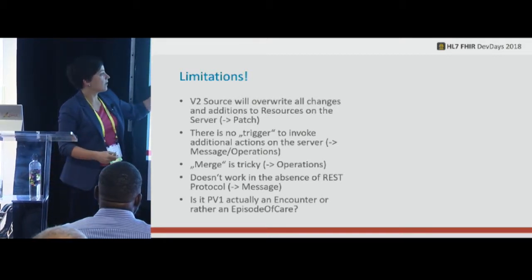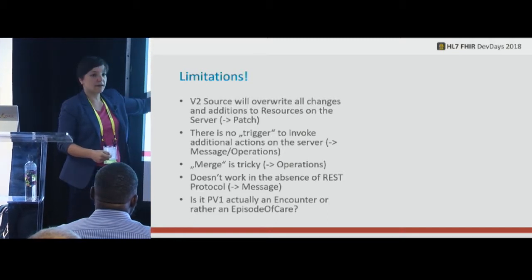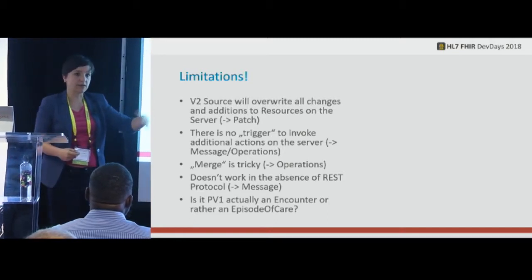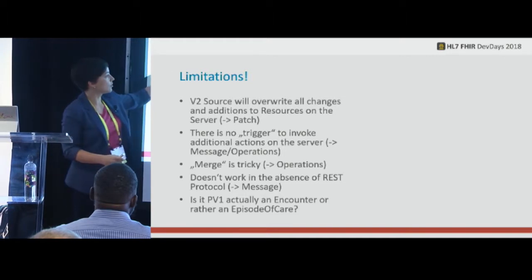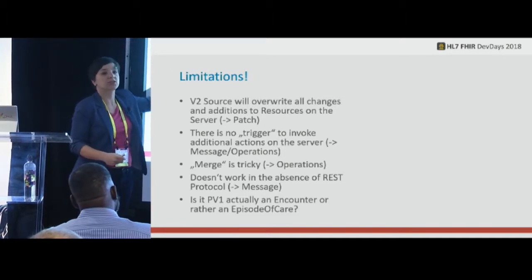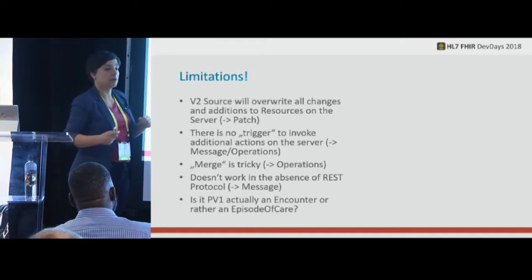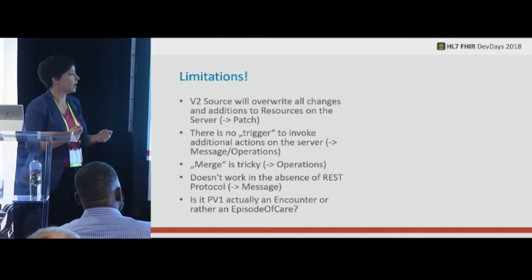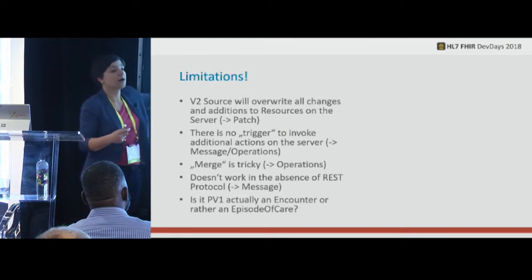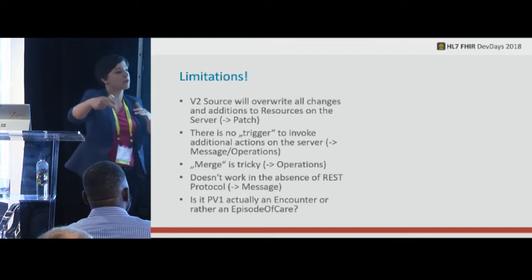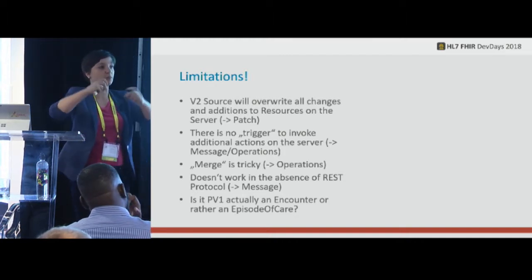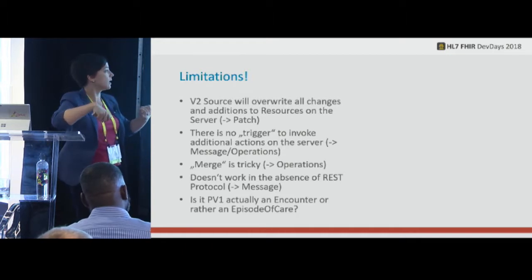The other thing is that when we do this with the transaction bundle, we will process all the data that we put in there, but there's no trigger that invokes any additional actions on the server. Like if the server maybe has to open an account locally whenever a new encounter is created, which is not part of the V2 message, but is part of the server-side business logic that needs to be triggered whenever a new encounter is created.